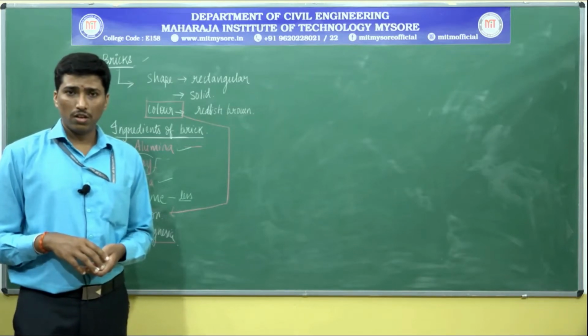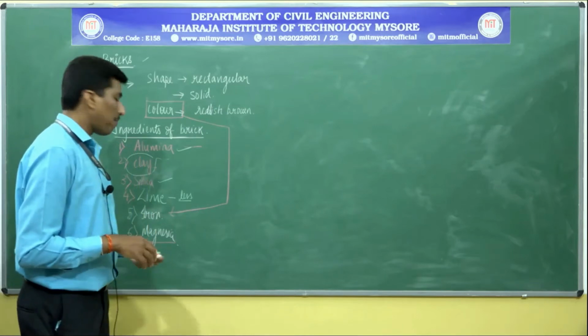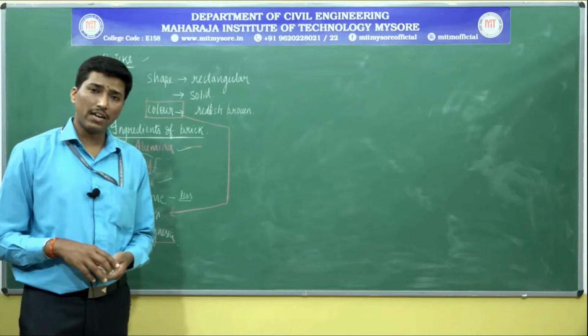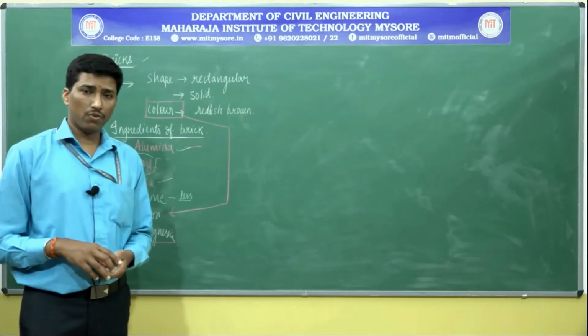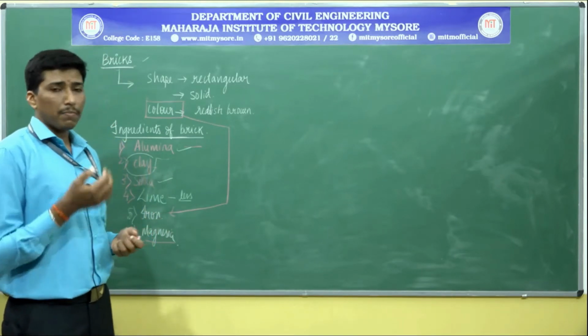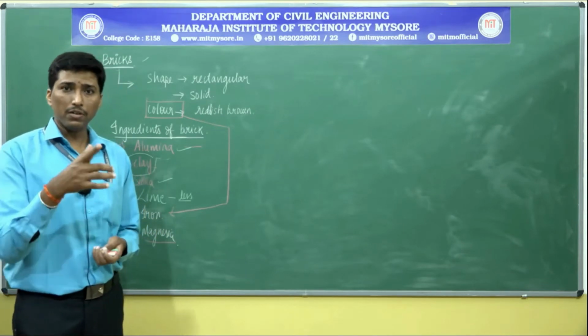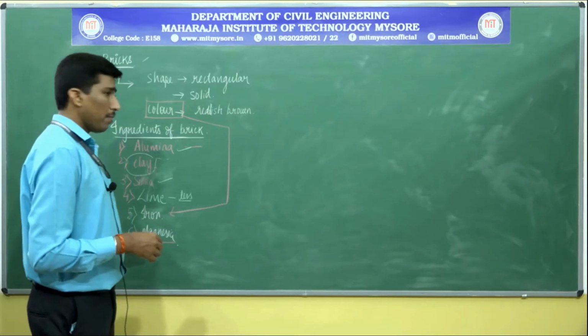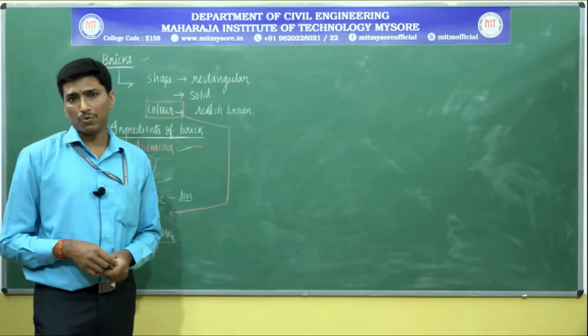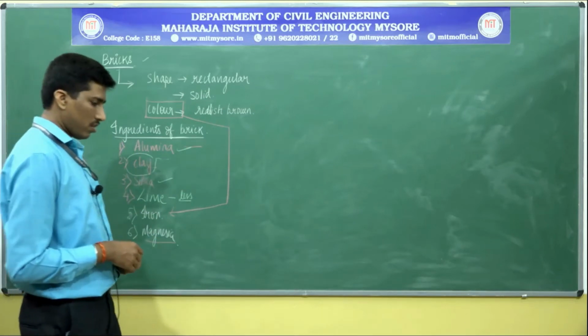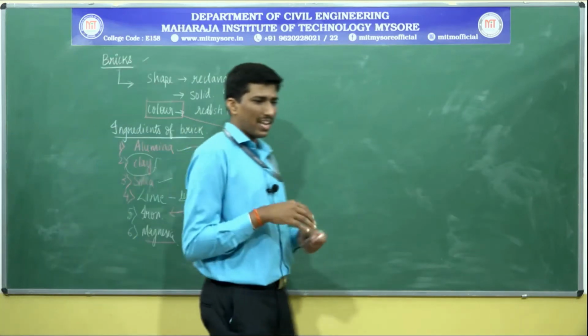If a high amount of magnesia is utilized, it causes the bricks to decay at a rapid rate. Therefore, for the higher temperature ranges, when the brick is burned, magnesia also plays a very important role.